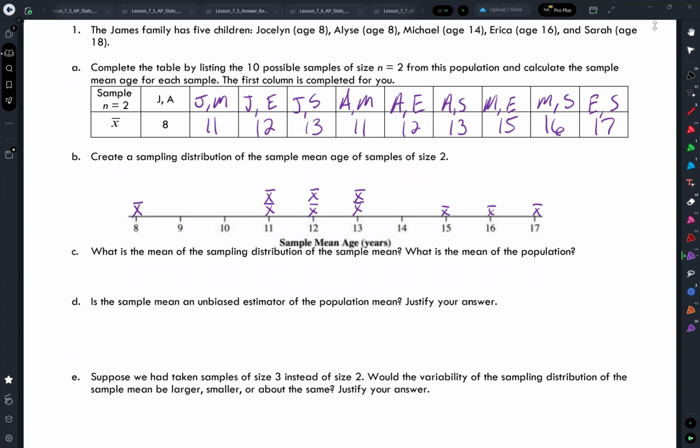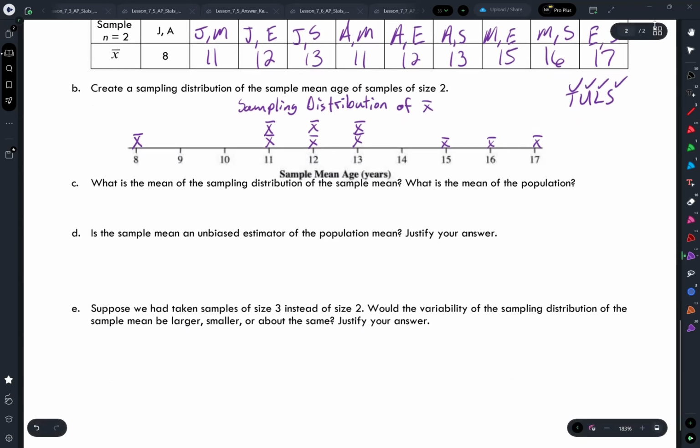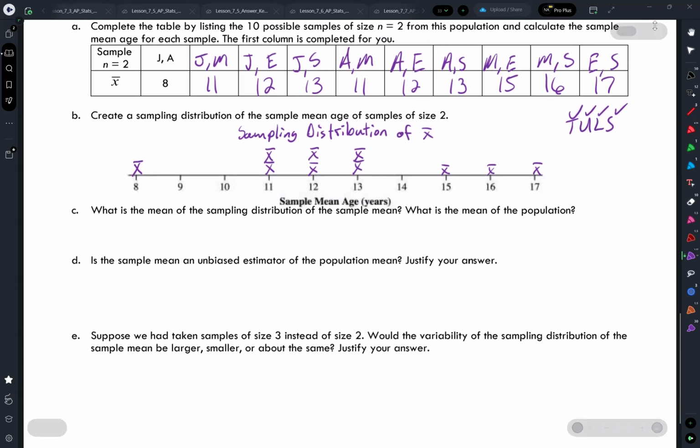Alrighty. I gotta check my tools. I don't have a title yet. All right, so I've got title, I've got units, I've got labels, and I've got a scale. We're good. What is the mean of the sampling distribution of the sample mean?